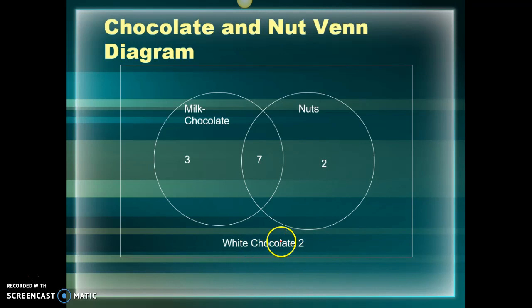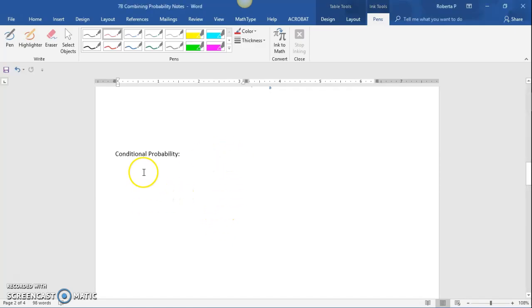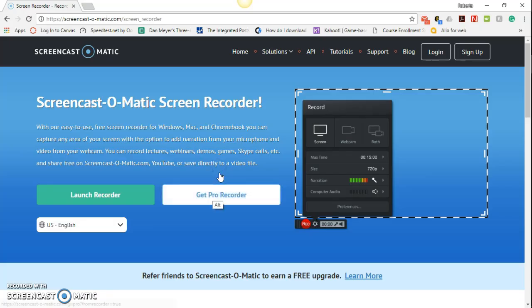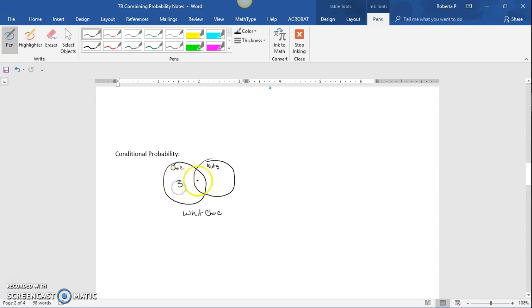On our paper, we want to redraw that so we have an idea of what's going on. So we have chocolate, white chocolate, nuts, and we have 3, 7, 2, and 2.